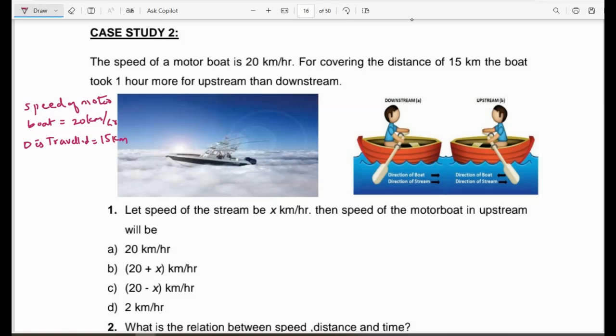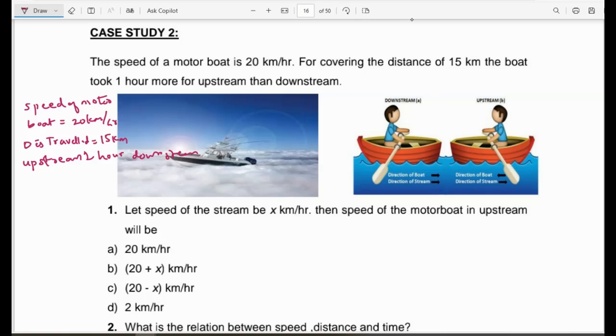Then upstream is 1 hour more than the downstream. So it is 1 hour more than this downstream. So now they've given some questions.